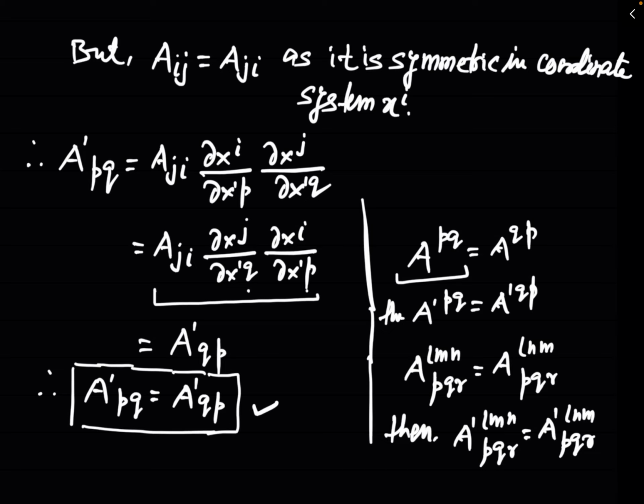In that condition, you can say that a tensor which is symmetric in one coordinate system remains symmetric in all other coordinate systems. And that's why we say that the property of symmetry is independent of the choice of coordinate system, and that is why we say that this symmetry property is an intrinsic property of the tensor.